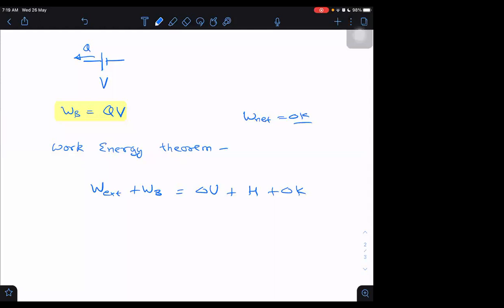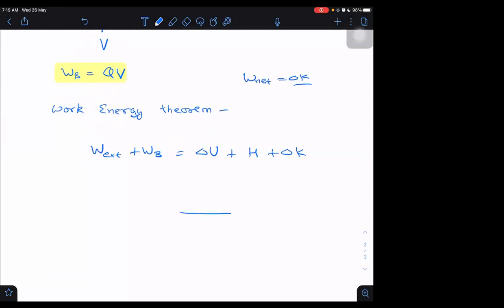I may get a situation where kinetic energy may change. For example, let me give you an example, you will understand probably. Let's say I have a circuit in which the battery is not there, or a single isolated capacitor which is acting as a circuit. In all these cases, the above equation will be applicable.